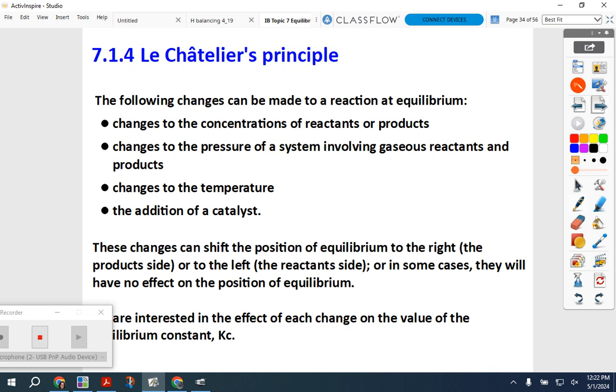In some cases, they're not going to have any effect at all. And so we want to know what's happening. What we want to be able to predict is, if I raise the temperature, where is the equilibrium going to shift? And in any given reaction, if I dump in more reactants, how is that going to shift the equilibrium?